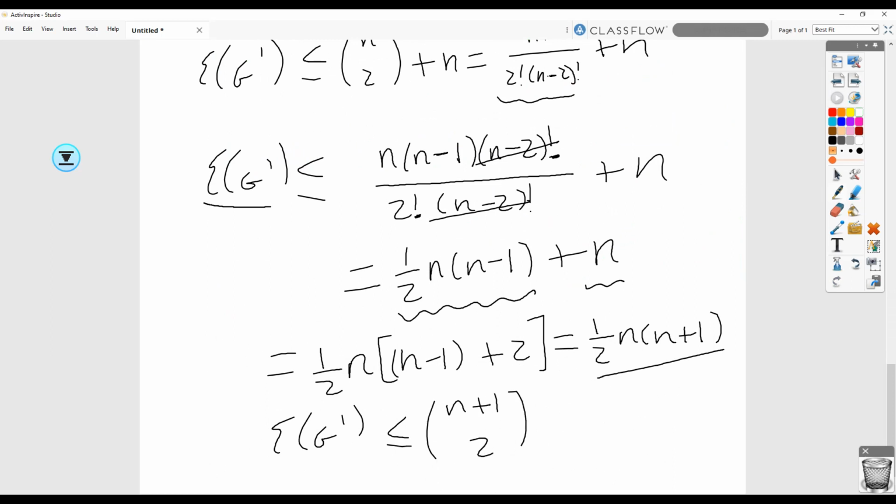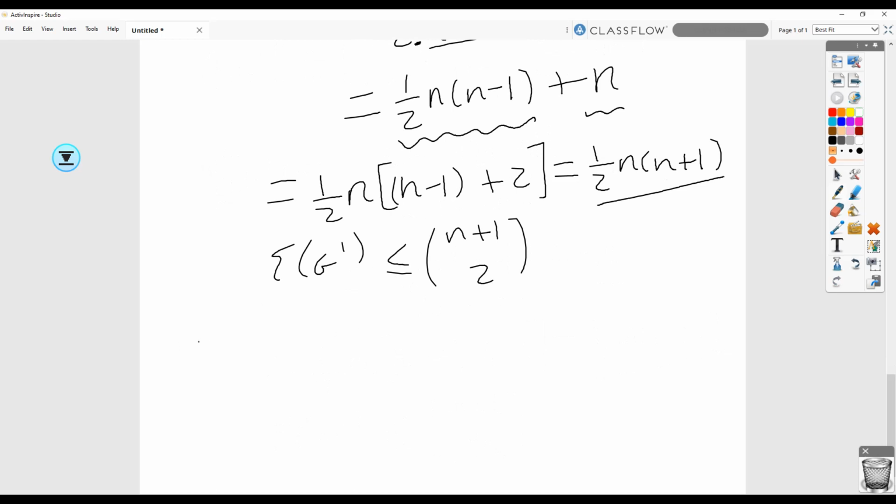So basically what we have shown is if we assume that the induction hypothesis holds for k equals 0, 1, 2, up to n, then, so if I let P be that the induction hypothesis is true, we've shown that P for 0, 1, 2, and so on is true. So that holds up to n.